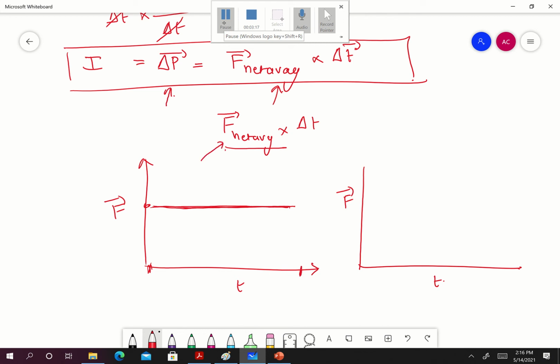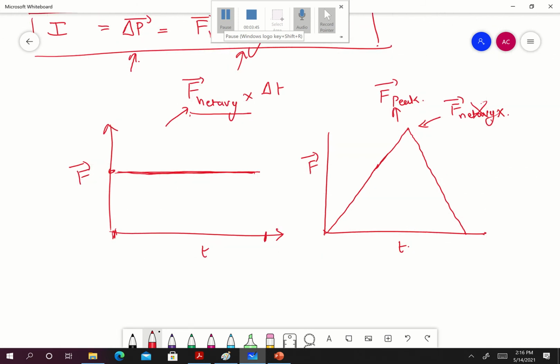But if the graph looks like this, which is more of a real life situation, the force increases for a given time and then reduces over a given amount of time. So in this one, F net average is not given to me, whereas I've been provided with the peak force. So it's always better to remember the definition as the area under the graph.